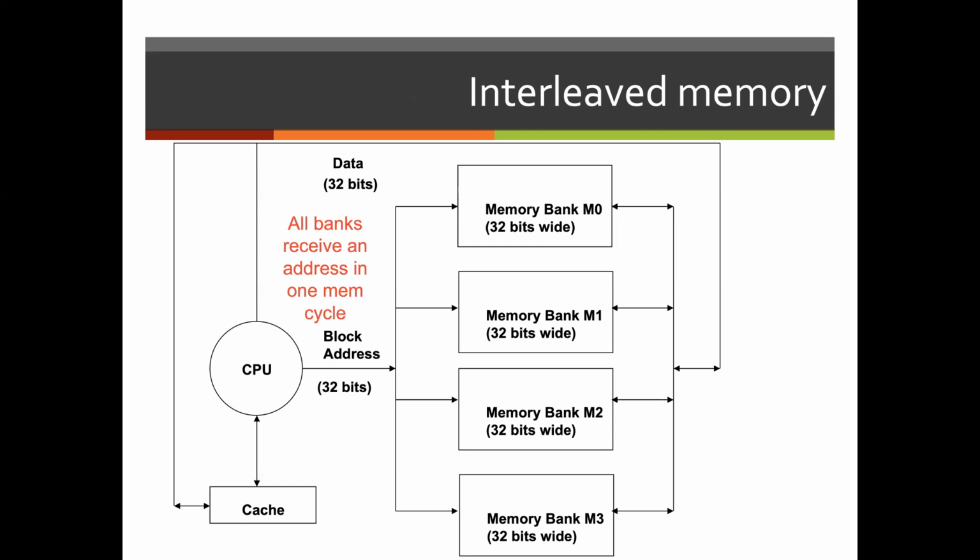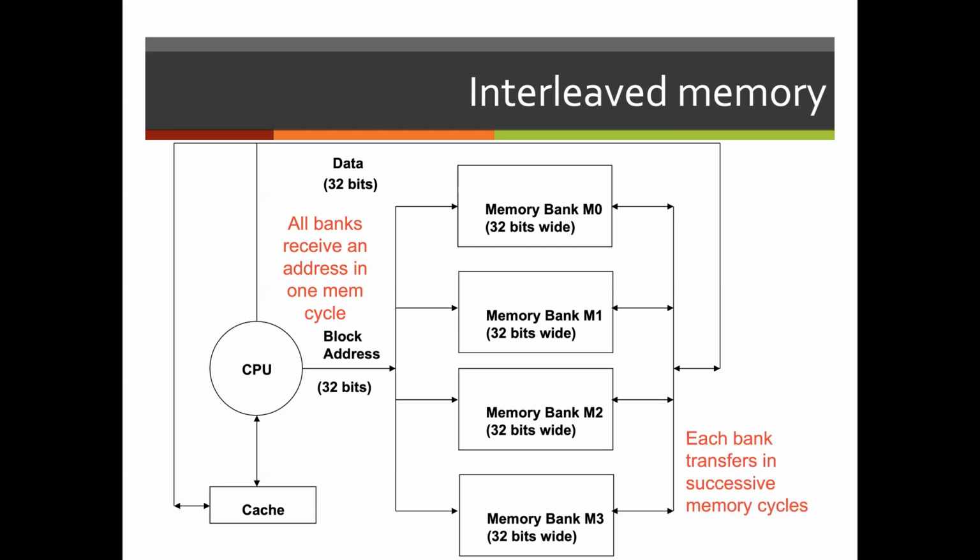So with this structure, we'd have M0 supplying word 0, M1 supplying word 1, and so on. This enables the CPU to send the block address simultaneously across all of the banks.